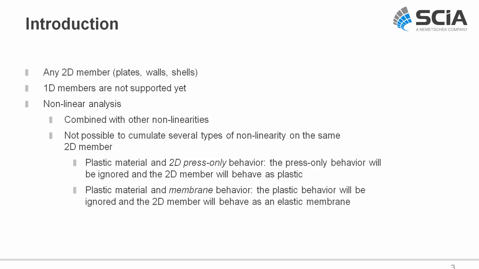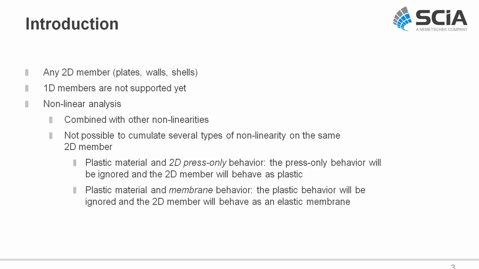Of course, plastic behavior is nonlinear behavior, so it's needed to perform a nonlinear analysis. Really important to know is that this nonlinearity can be combined with other nonlinearities in your project. There are really no limitations on that except 2, meaning it is not possible to accumulate several types of nonlinearities on the same 2D member, of course.